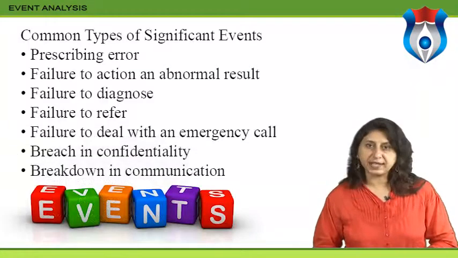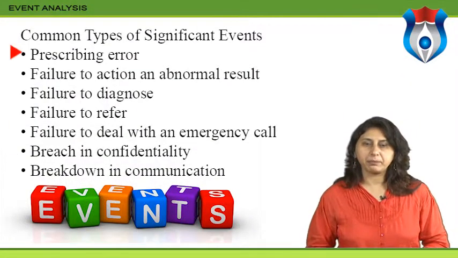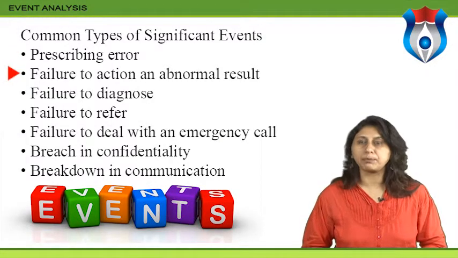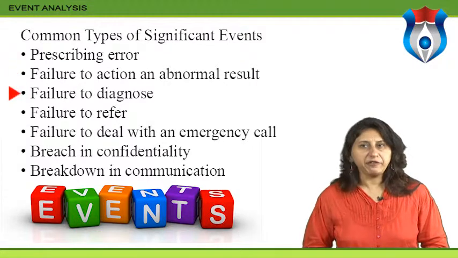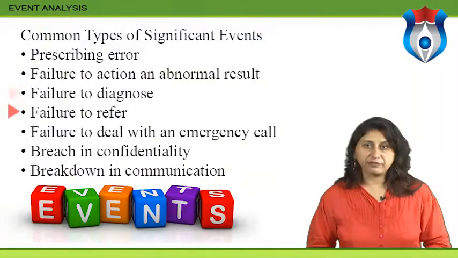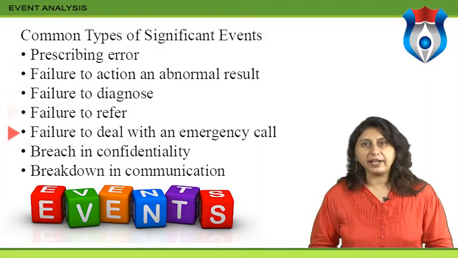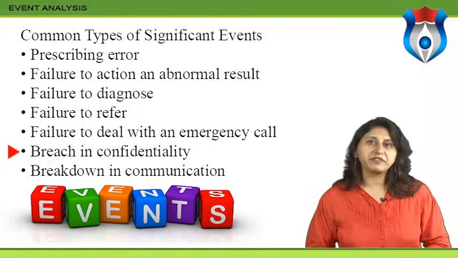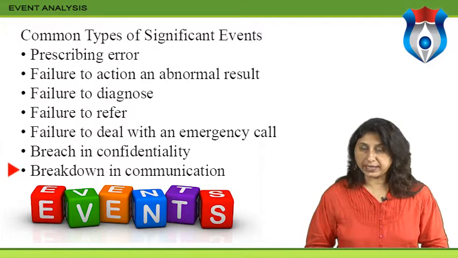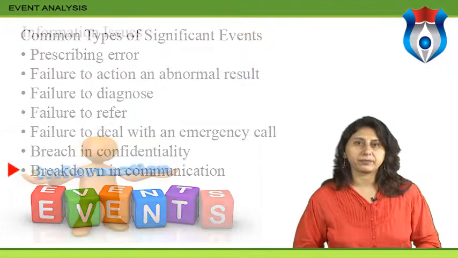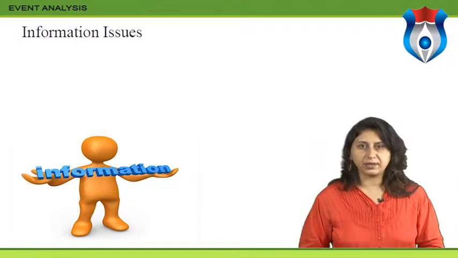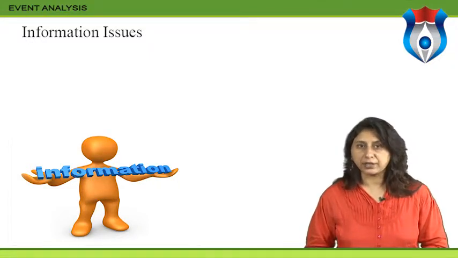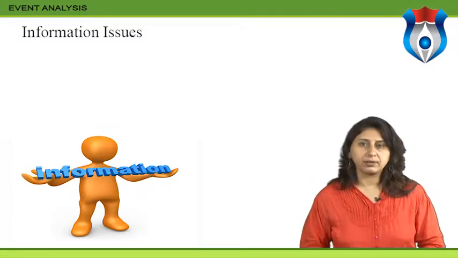Common types of significant events: prescribing error, failure to action an abnormal result, failure to diagnose, failure to refer, failure to deal with an emergency call, breach in confidentiality, breakdown in communication, information issues, lack of important information to hand during the consultation.